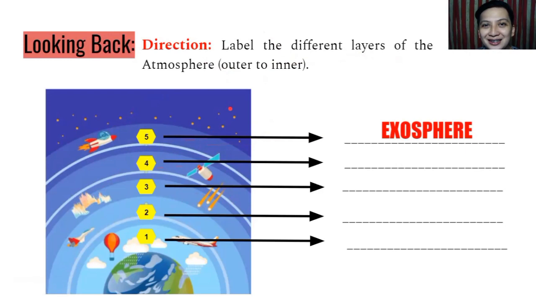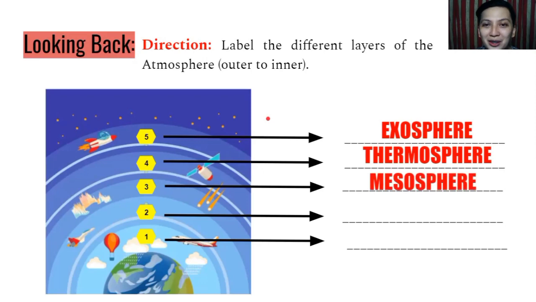How about the fourth one? You can unmute. Okay, very good. That's thermosphere. How about the third? Okay, that is mesosphere. Then second, nearest to the Earth is, okay, that's stratosphere.